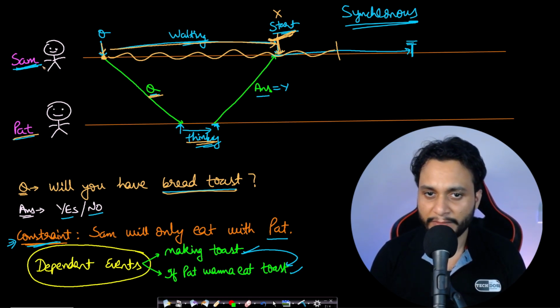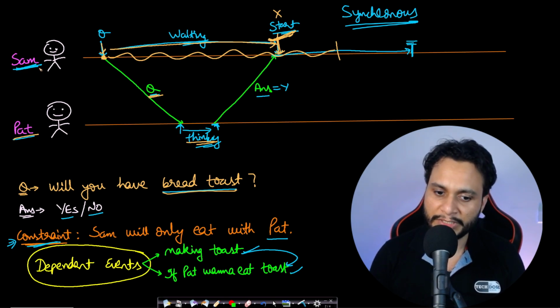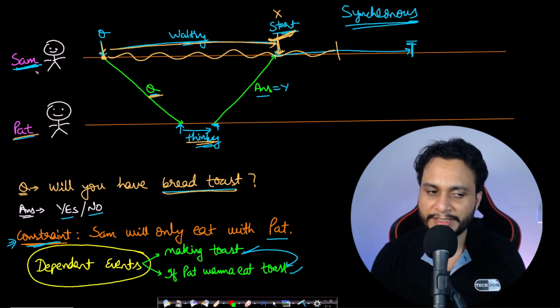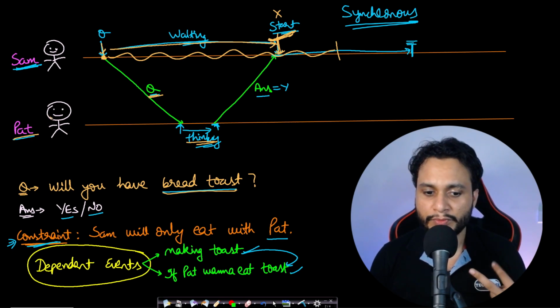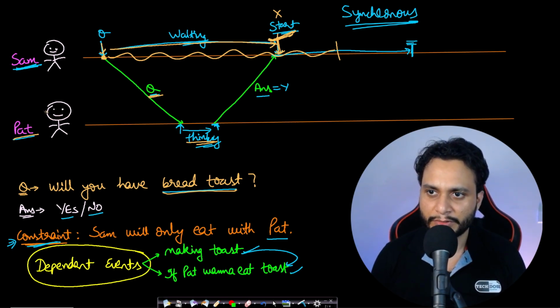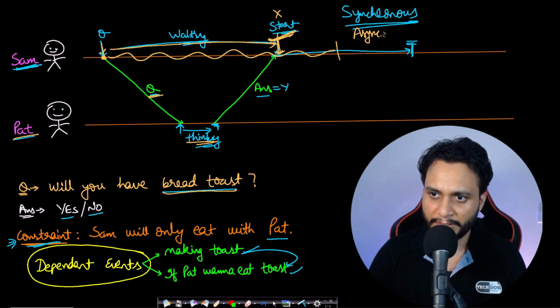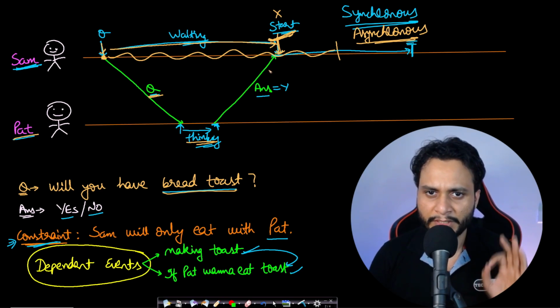Sam is anyway going to make the toast because he wants to eat himself, and just as a courtesy, Sam was asking Pat. So these two events are not dependent. In case the events are not dependent, we can categorize them as asynchronous events. I think this clears up dependent and independent events and how they relate to synchronous and asynchronous events.